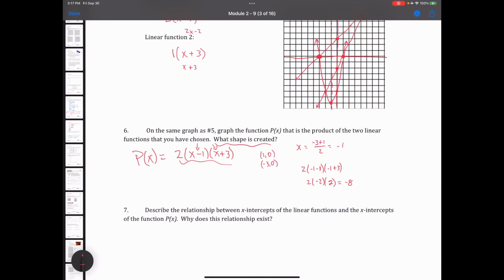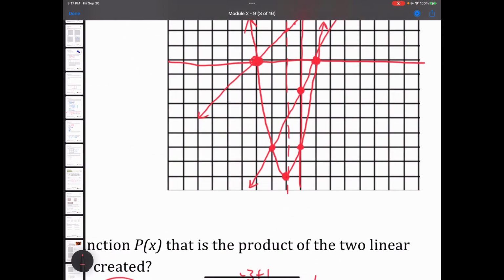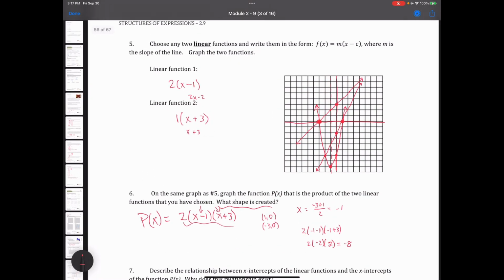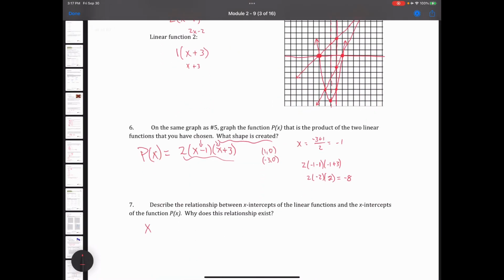Well, I could see that the x-intercepts are the same. Let's go ahead and write that down. X-intercepts of the parabola are the same as the x-intercepts of the lines, or linear factors.